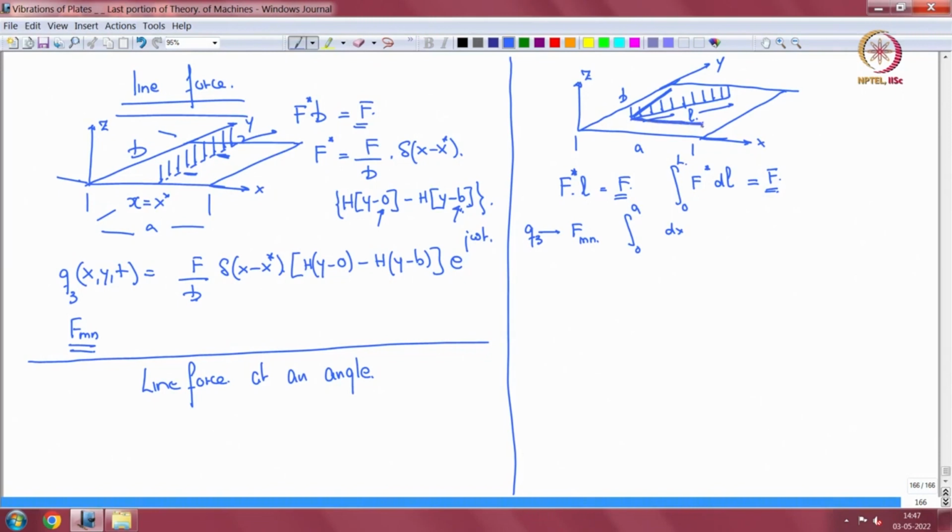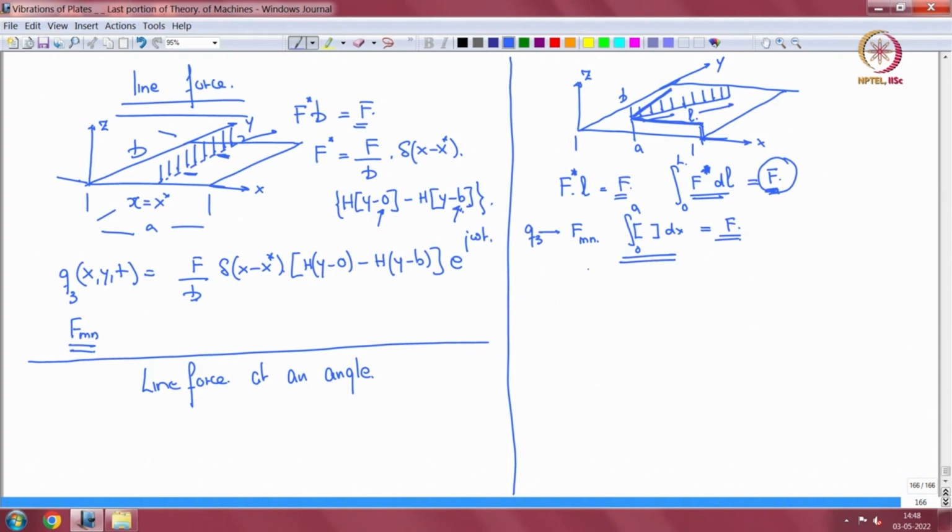Now if I integrate along dl with this force per unit length, I get F, but I am going to integrate over a shorter length in the x direction. And I have to recover the full force F. So something here dx should actually give me F, but 0 to a is a smaller length. So what should that be?